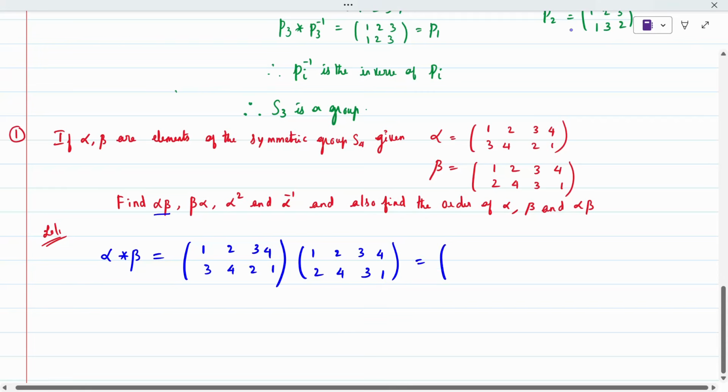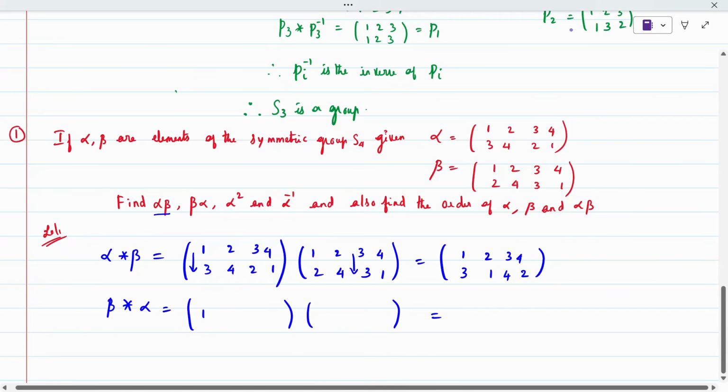Now 1 is mapped to 3, and 3 is mapped to 3, so the answer is 3. 2 is mapped to 4, 4 is mapped to 1. 3 is mapped to 2, 2 is mapped to 4. Same way 4 is mapped to 1, 1 is mapped to 2. So completed, this is the way for alpha beta. Same way beta star alpha, so write first beta then alpha.